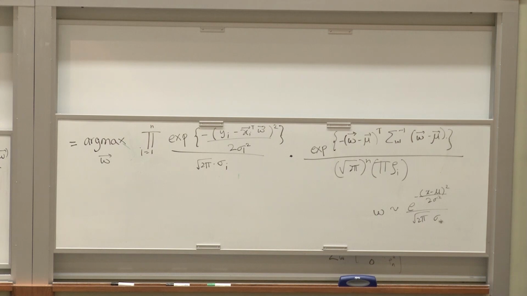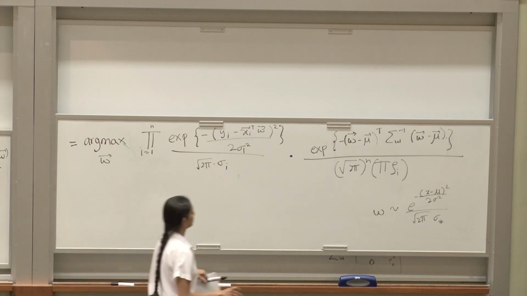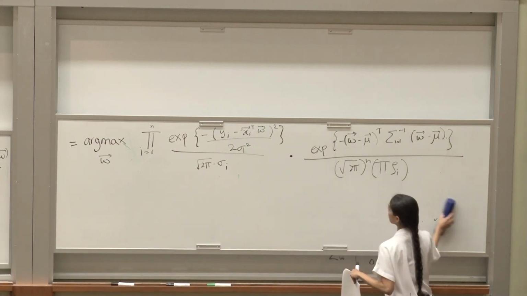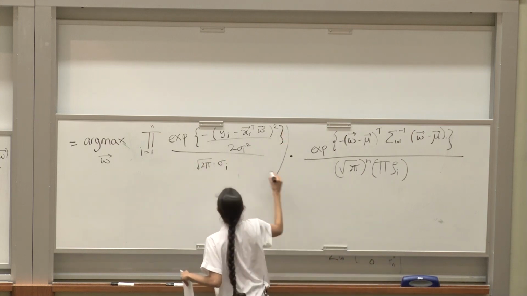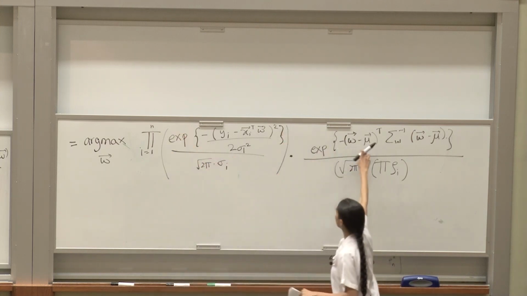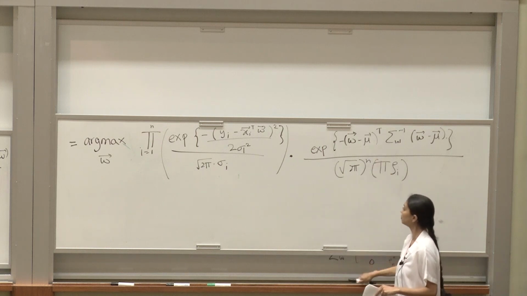Okay, good. So now here, what are the things that we care about, and what are the things that we're going to discard? So we have a product of these terms, and then we have this exponential.